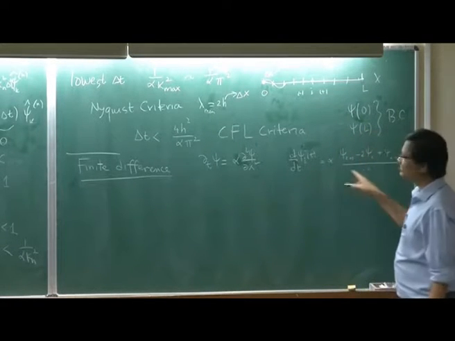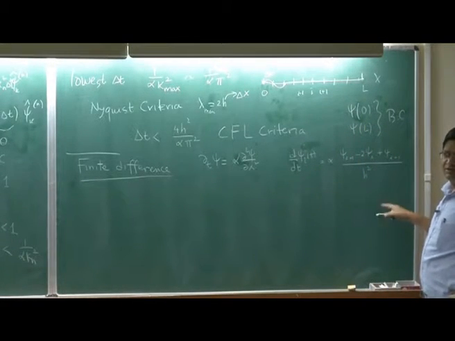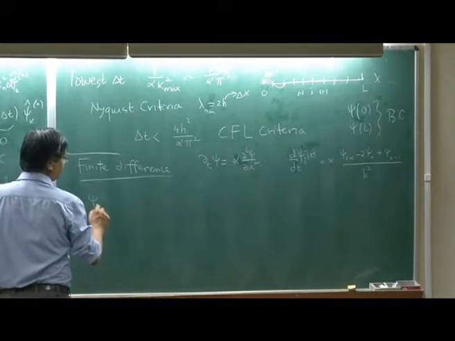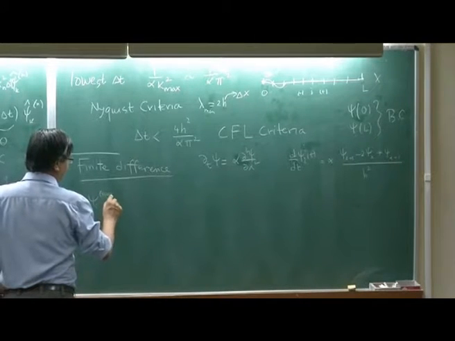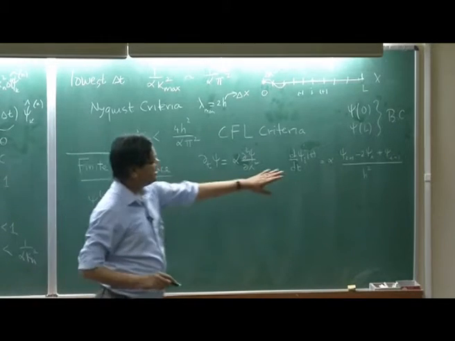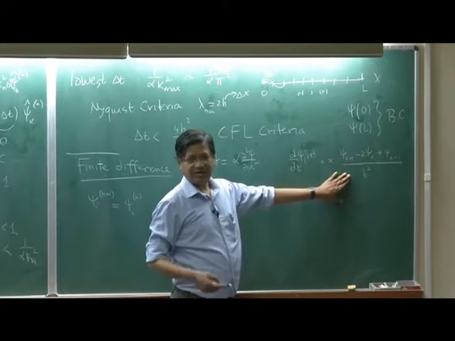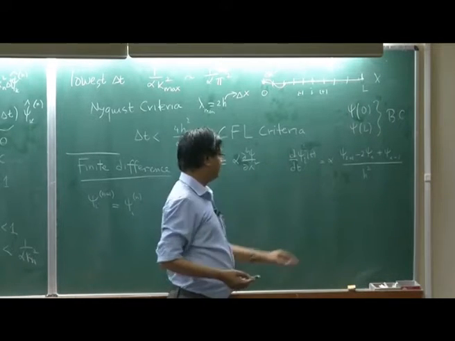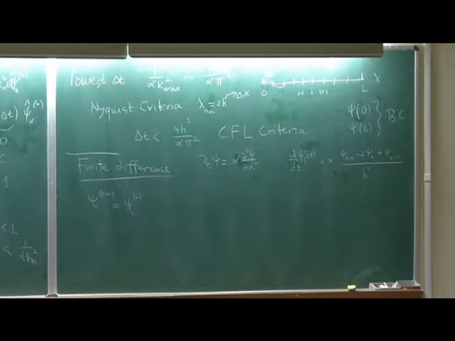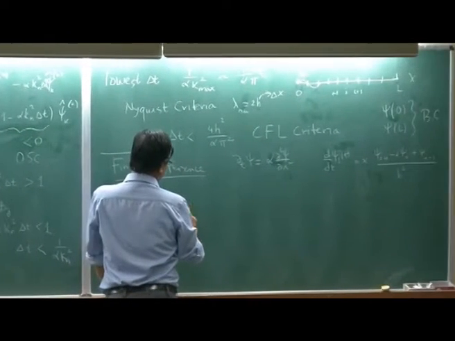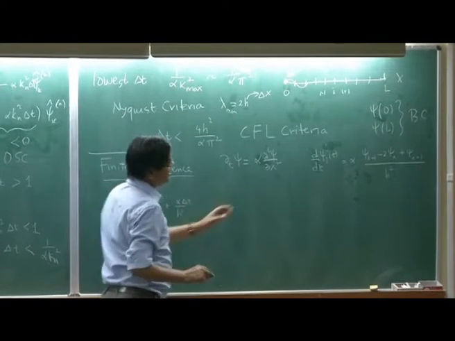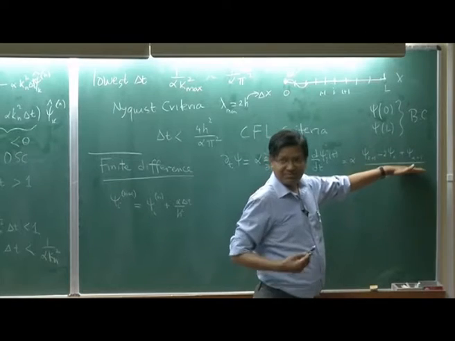Now how do I time step this? The usual technique. So psi i at n plus 1 equals psi i at n plus delta t times this. Okay, Euler explicit. So plus alpha by h squared delta t, and these are computed at time t.